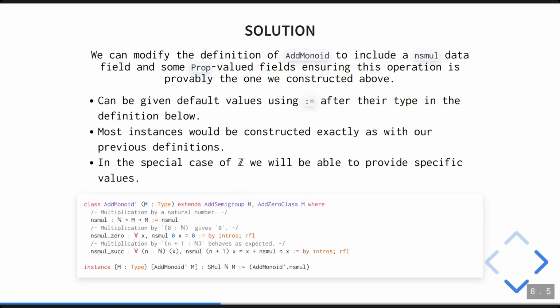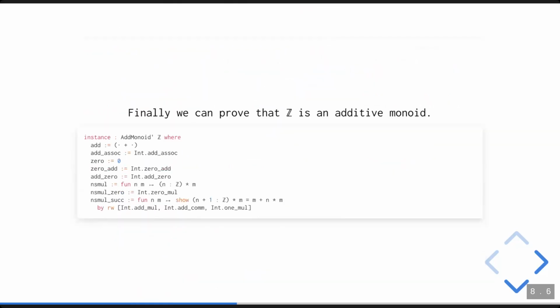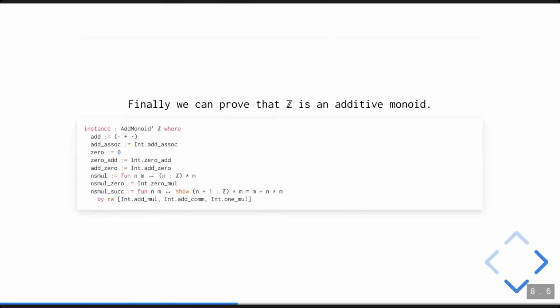So if you have an additive monoid, you can also multiply by the naturals. But once you have this extra data, then for instance, the integers would be an additive monoid where you have to complete this data. This allows you to specify which multiplication by the naturals you want.